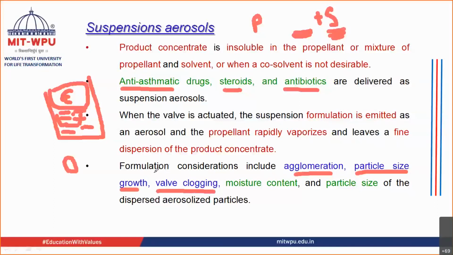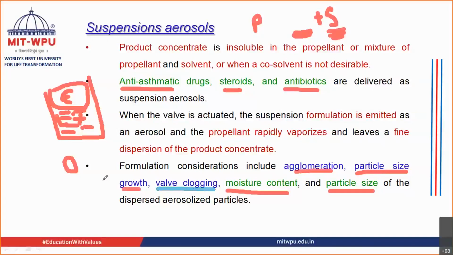Also you have to maintain the moisture content, and the particle size should be small first of all, and the growth also should not take place, right? The agglomeration should not take place because it is going to clog the valve, right?